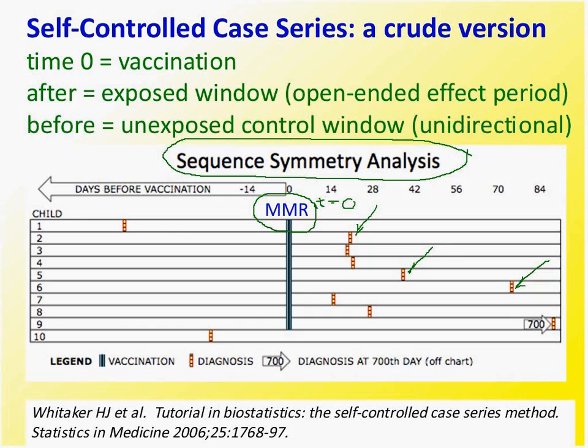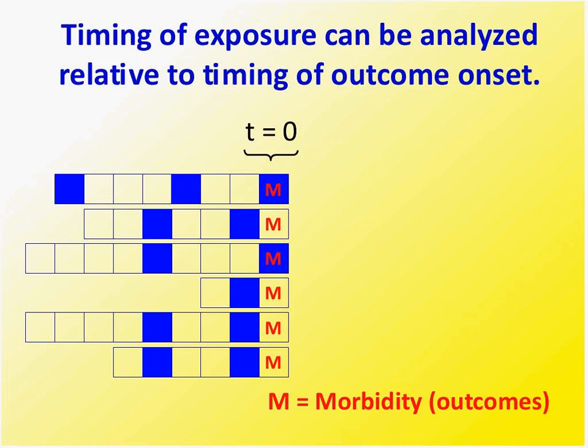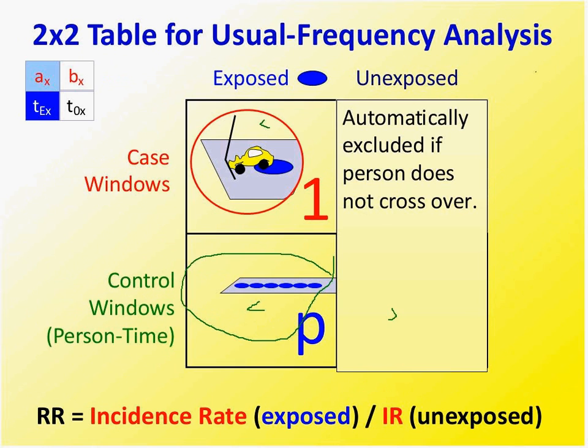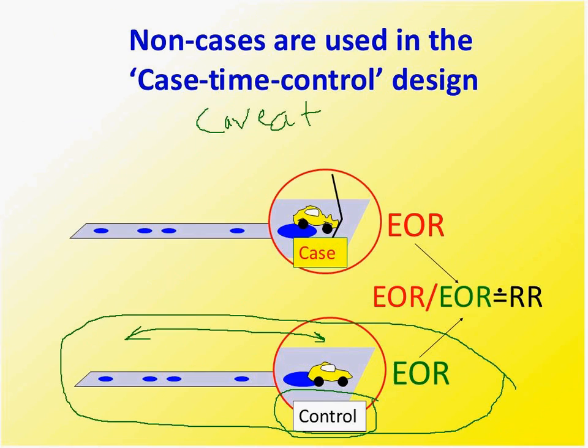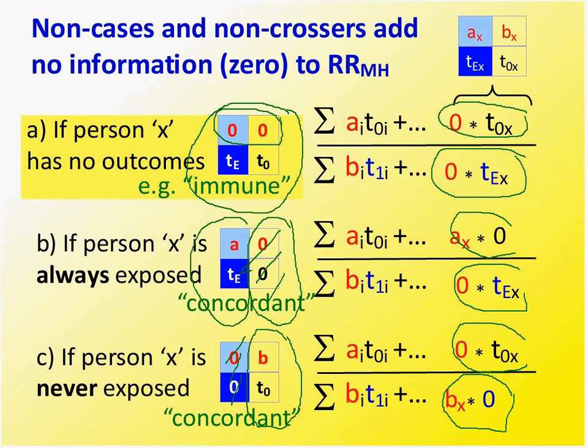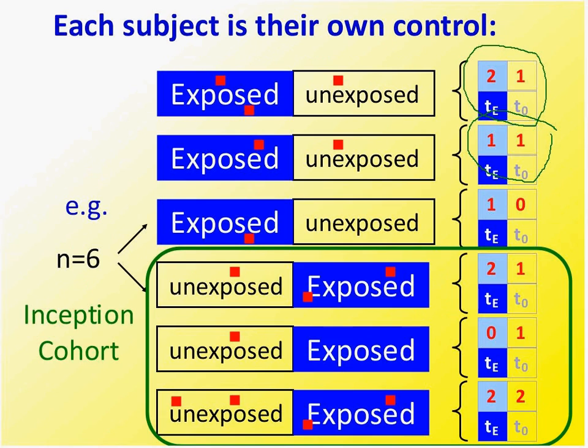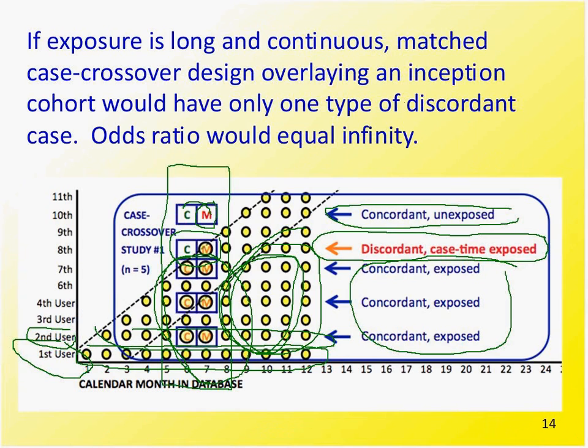If I go back to the picture, maybe I'll be able to think about it more clearly. So, in a steady state, there's lots of potential for confounding by indication.